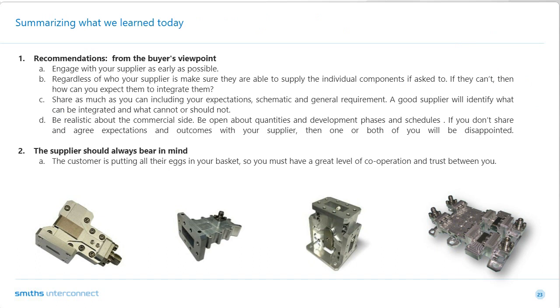Again, let me summarize what today is. Basically we have two summary points: recommendations from the buyer's side, and what the supplier, the people who are making that multifunction assembly, should always bear in mind. From the buyer's point of view, engaging as soon as possible is critical.